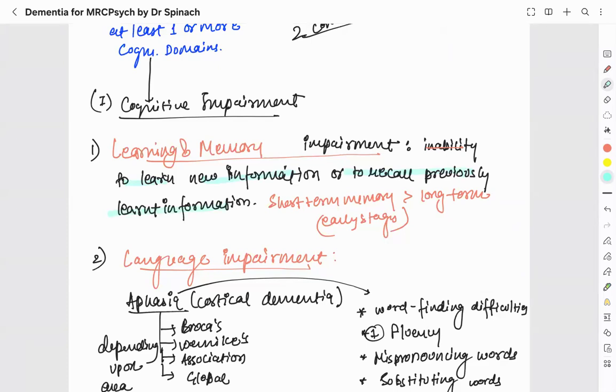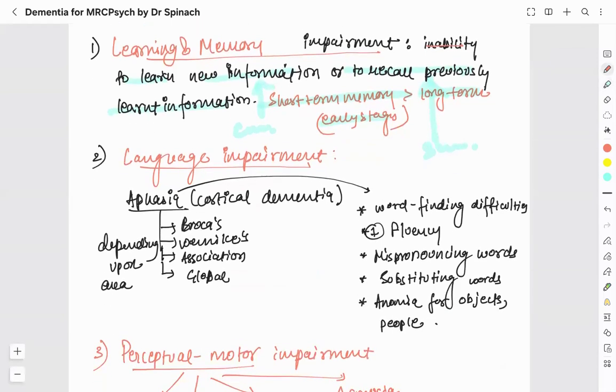So we have already seen this. Learn new information, cortical dementia. Previously recalled, subcortical dementia. Short-term memory goes first, then the long-term memory, in the early stages. Then moving on, we have language impairment.